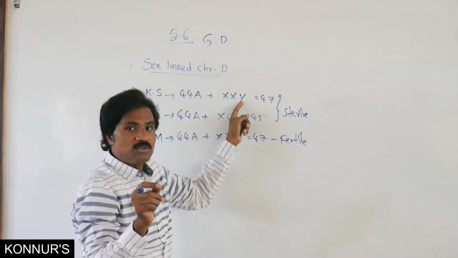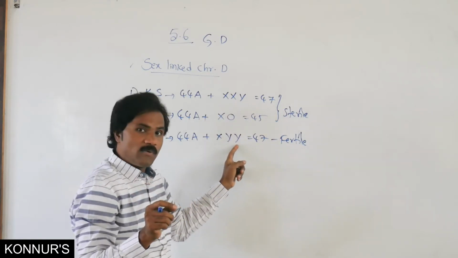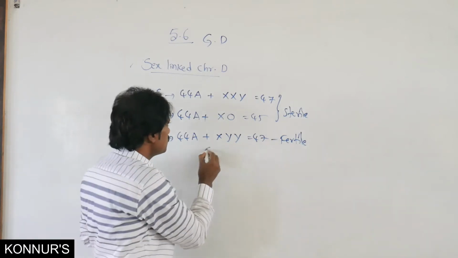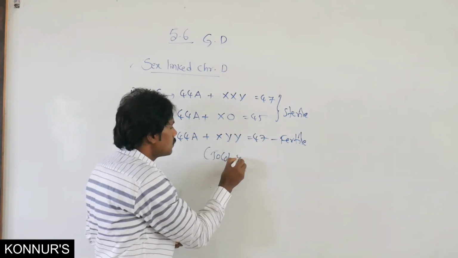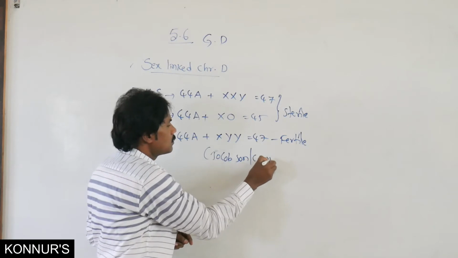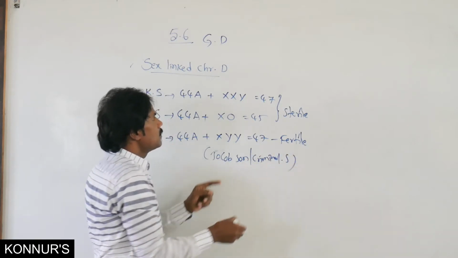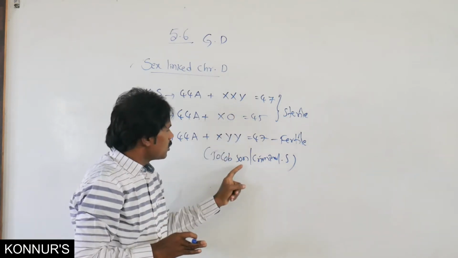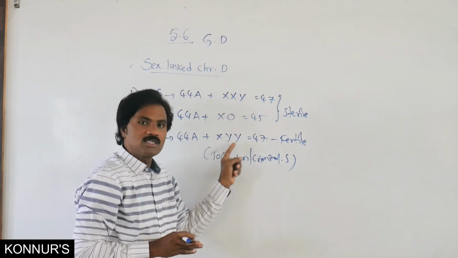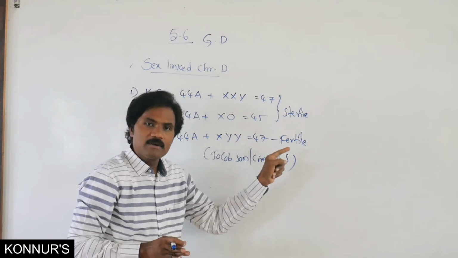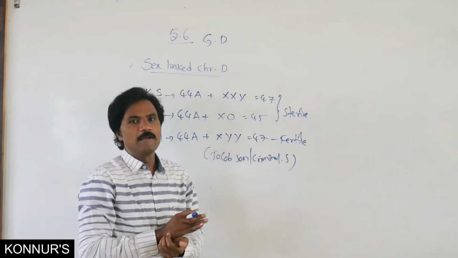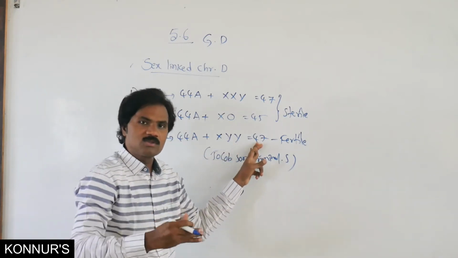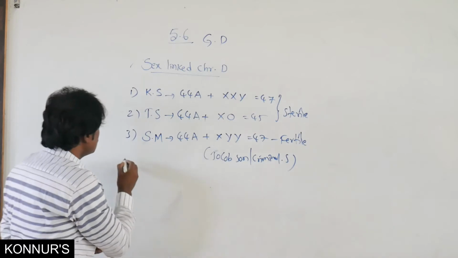No, please consider here XYY we call Jacobs or criminal. There is no other particular name here. Please rectify this. Jacobs syndrome or criminal, that is XYY. That is also super male only. Either minimum 47 trisomy, or tetrasomy, like this condition.